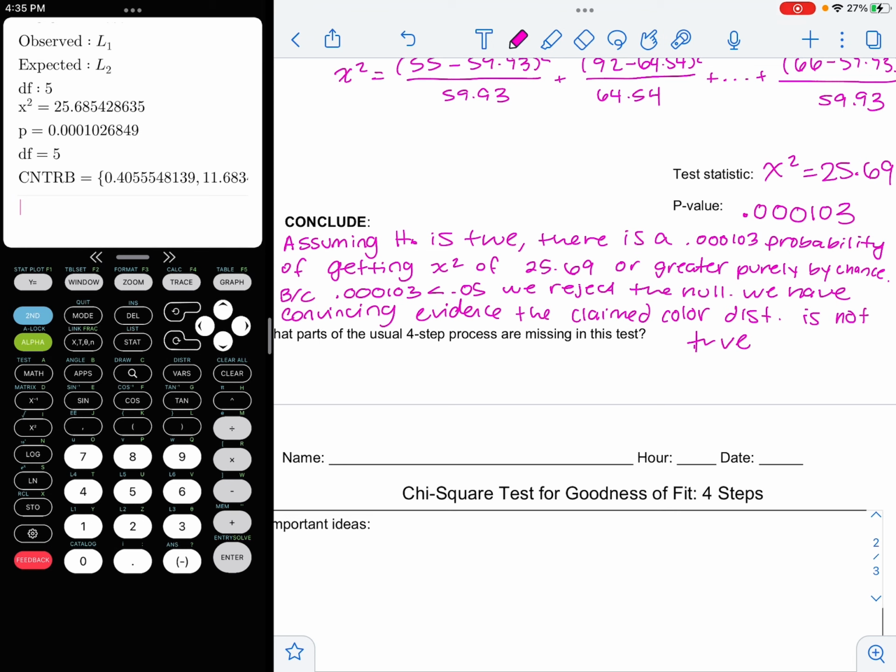After this, because we have decided to reject the null, meaning that we had statistically significant evidence, we would do the follow-up analysis. So if you missed this in class, a follow-up analysis is where we state which category had the largest impact on our chi-squared value.